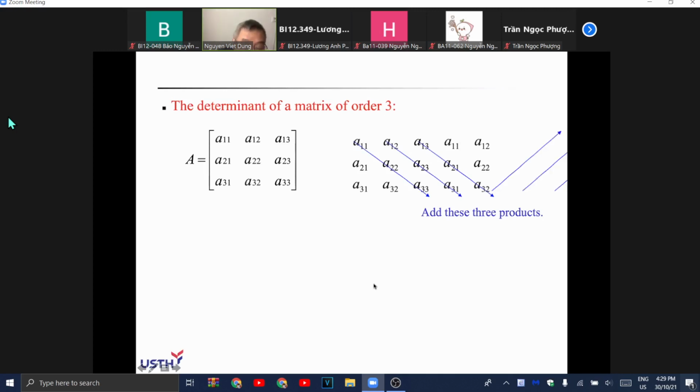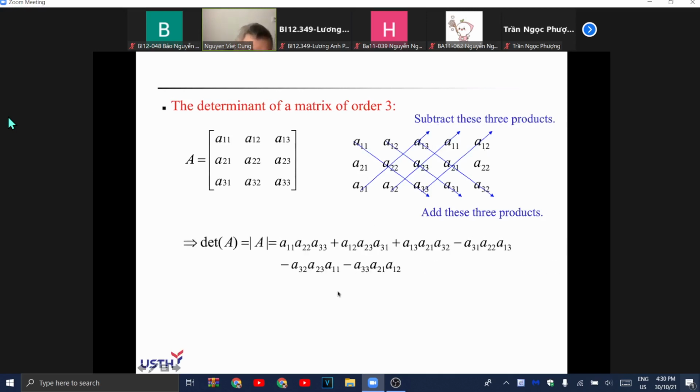The second step, we do the other way. You multiply the entries lying on the blue arrow like that, and we write the product here, and now we subtract these 3 products, and the result will be the determinant here.